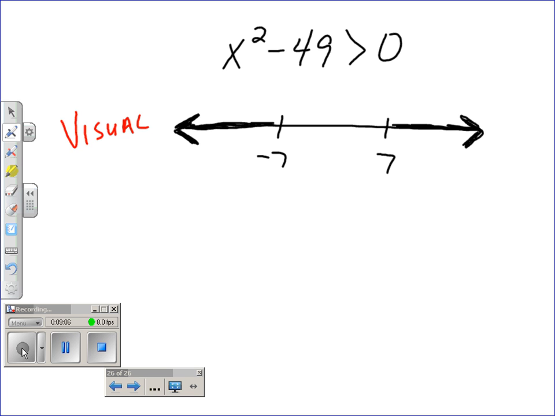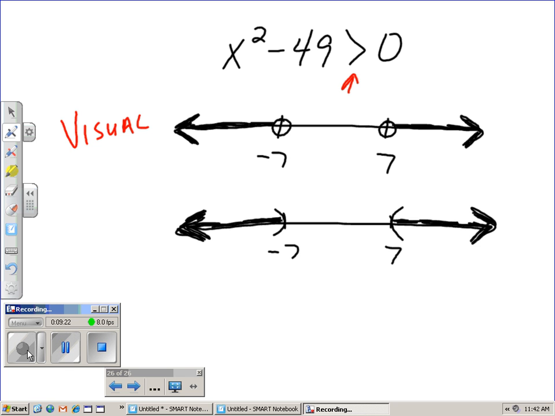Now, what about the critical values themselves? Well, notice that there's no equal sign, so the numbers themselves are not included. So we could put an empty circle if we want to use the junior high method, or we could use parentheses to show they're not included, as the book does.